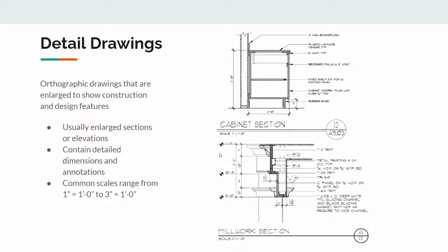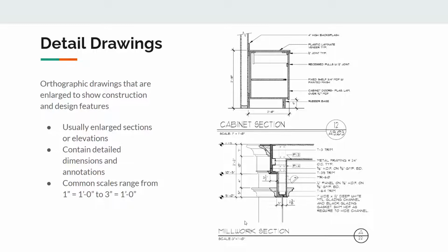This is giving you a lot of information about the entire makeup of some element within the design that is usually custom. It's telling the person exactly how this needs to go together, what the materials are, what the dimensions are. And these are represented at a much larger scale because they're really zoomed in representations to provide a lot of detailed information about a particular component.